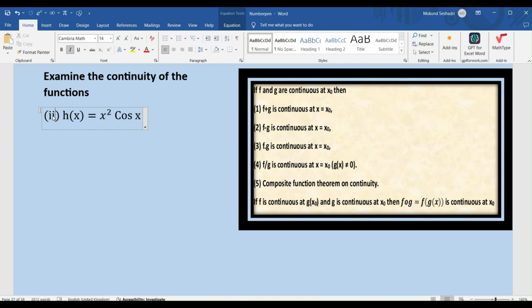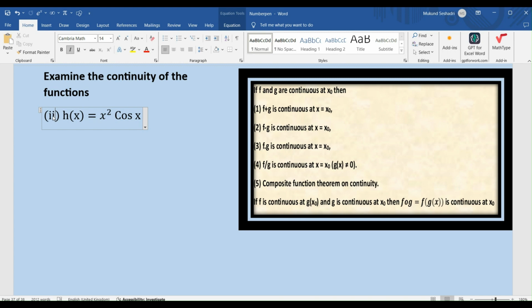So we have h of x equals x square cos x, right? And again, drawing your attention to the algebra of continuous functions, we know that if f and g are continuous at x naught, then the sum f plus g, the product f into g, the difference f minus g, and f by g, all of them are continuous at x equal to x naught, except that for f by g, you'll have to remember that g of x is not equal to 0, because f by g becomes undefined whenever g of x equals 0, right?